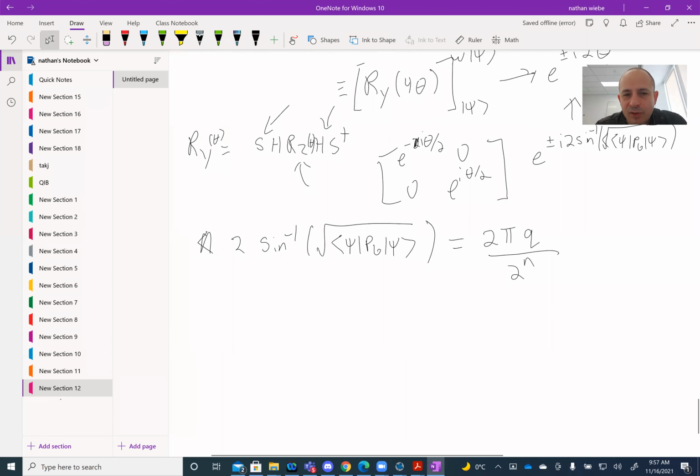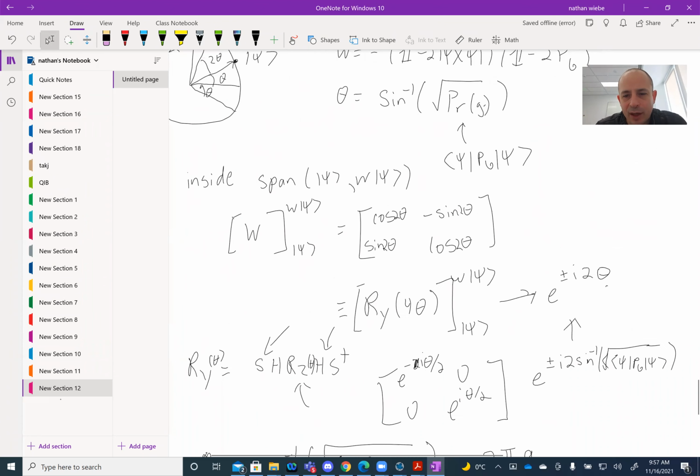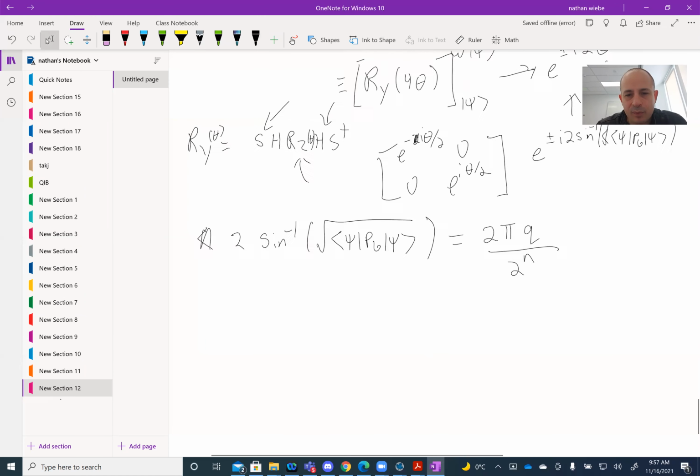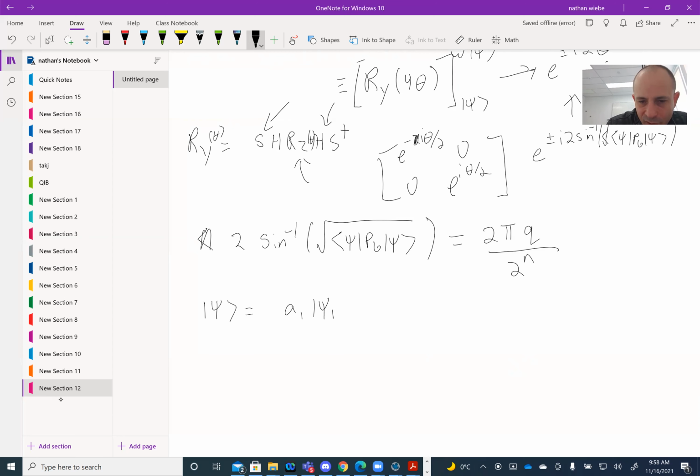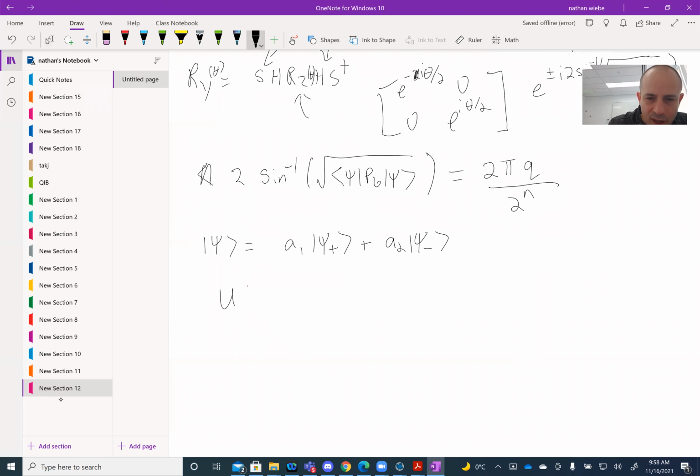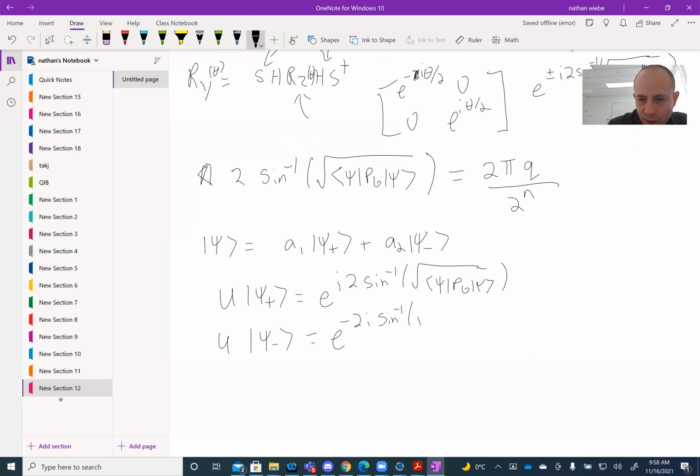So if we prepare our state in this particular form, our state psi is going to be equal to A1 psi plus plus A2 psi minus, where U acting on psi plus is equal to e to the i 2 arc sine of the square root of <psi|P_G|psi> psi plus, and U acting on psi minus is equal to e to the negative of that phase times psi minus.